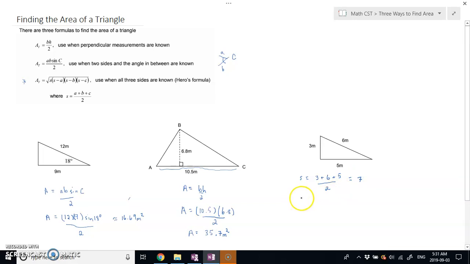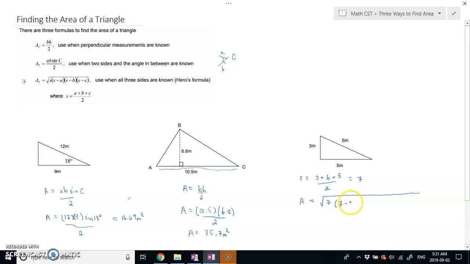Now we can use our formula, Hero's formula, as you can see up top. And we're going to put all sorts of stuff under the root, so I'm going to make a big long one. Make sure everything you're capturing is under the root. So it says 7, then 7 minus one of the sides.